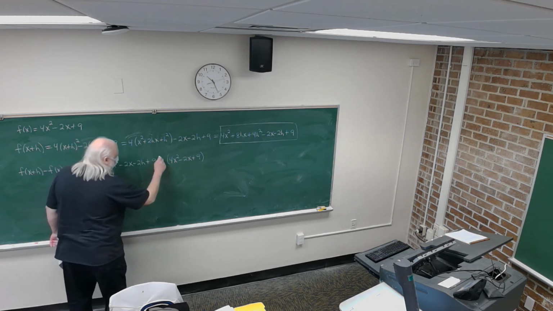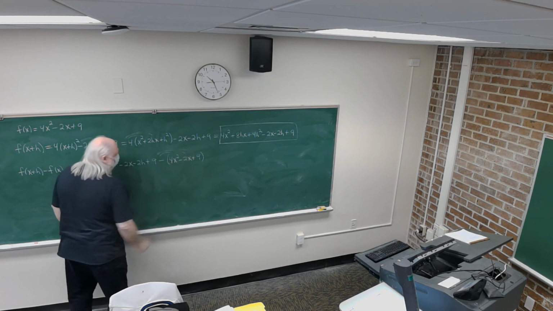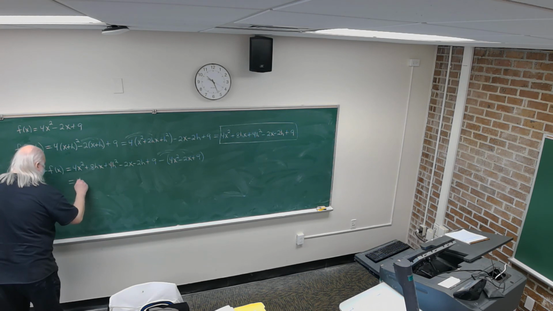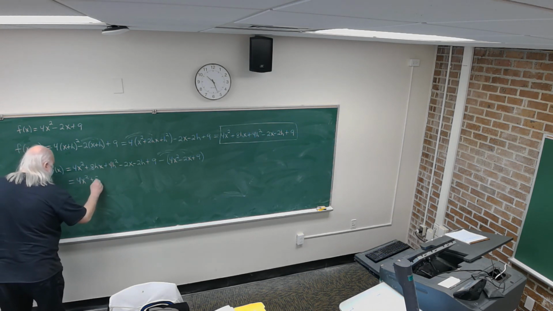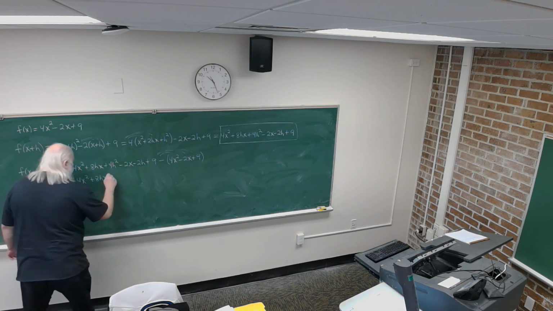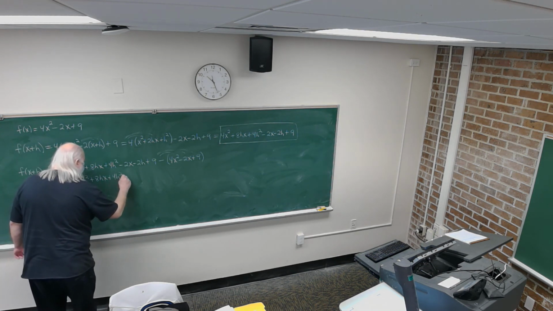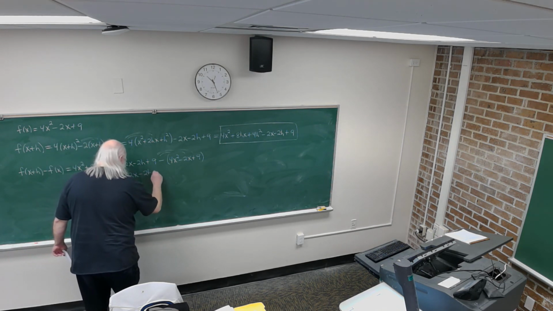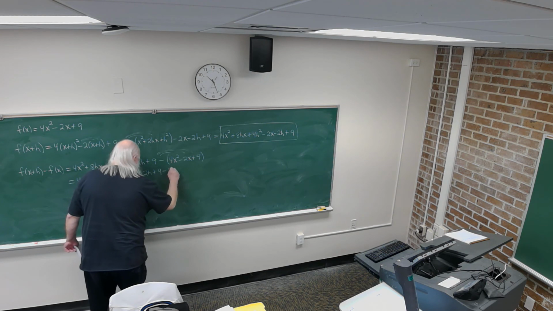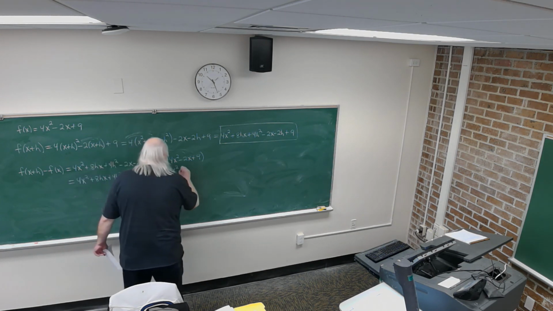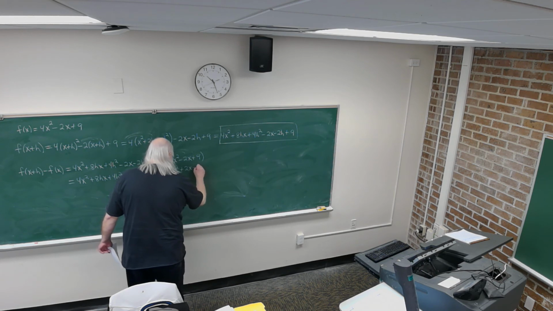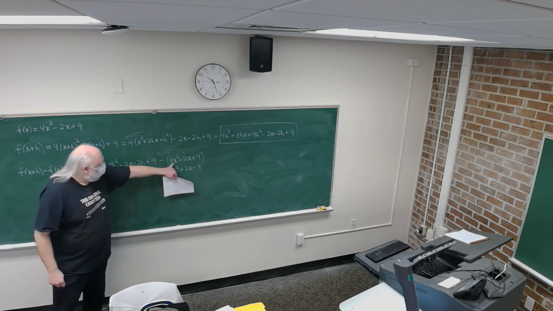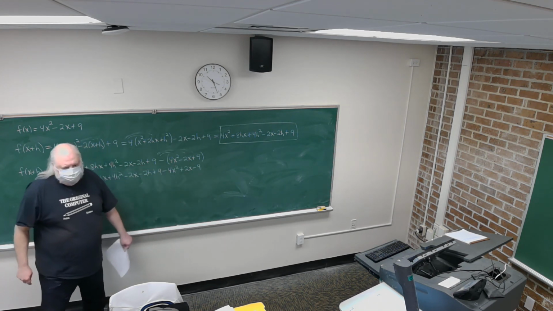And now to simplify, right, you gotta distribute the minus sign inside the parentheses. And we have 4x squared plus 8hx plus 4h squared minus 2x minus 2h plus 9 minus 4x squared plus 2x minus 9. Alright, when you subtract the function, you subtract f of x, it changes the sign of each of those terms.